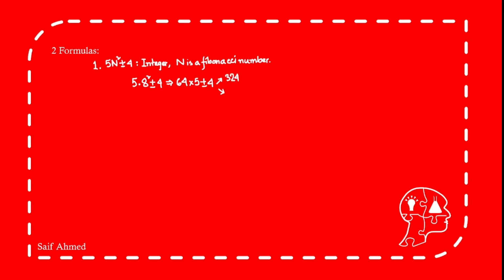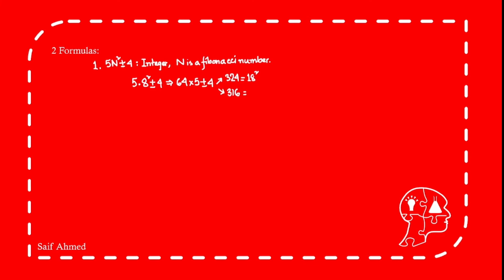And if I subtract 4, I get 316. If I take the root of them, the root of 324 is equal to 18, or simply 324 is equal to 18 squared.